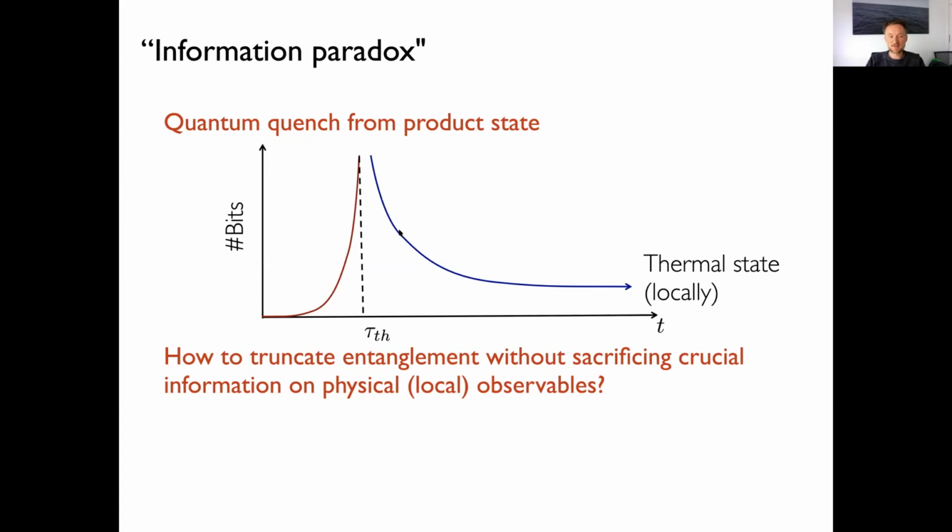And the question is basically, what is an efficient way to remove this unnecessary, very non-local information from the state, such that we can maybe stay inside a window where we can efficiently simulate the system on a computer? So basically, how can we develop an algorithm that efficiently forgets unnecessary information?